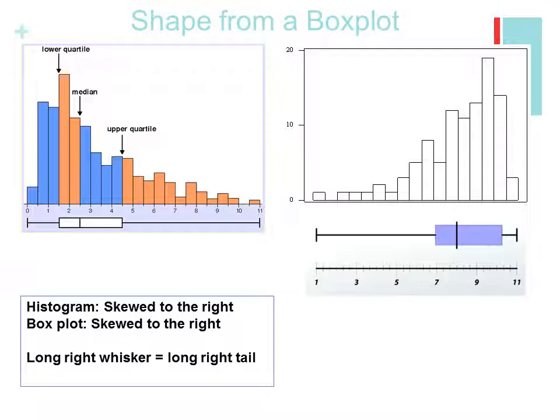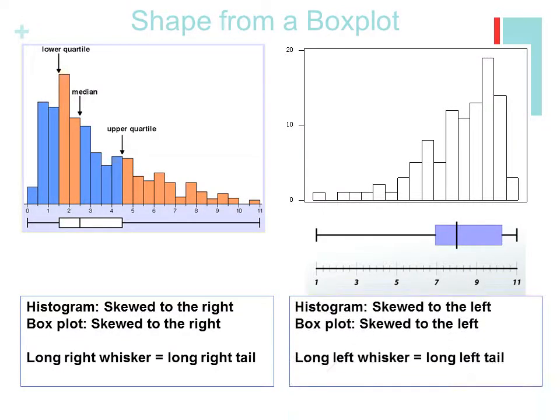But if you look at your histogram, you're going to notice that there's a long left tail, and in your box plot that's indicated by a long left-hand side whisker. So that's showing that 25% of your data has a pretty large spread. So if a histogram is skewed to the left and a box plot is skewed to the left, you'll know that by taking a look at the long left whisker, which indicates a long left tail.